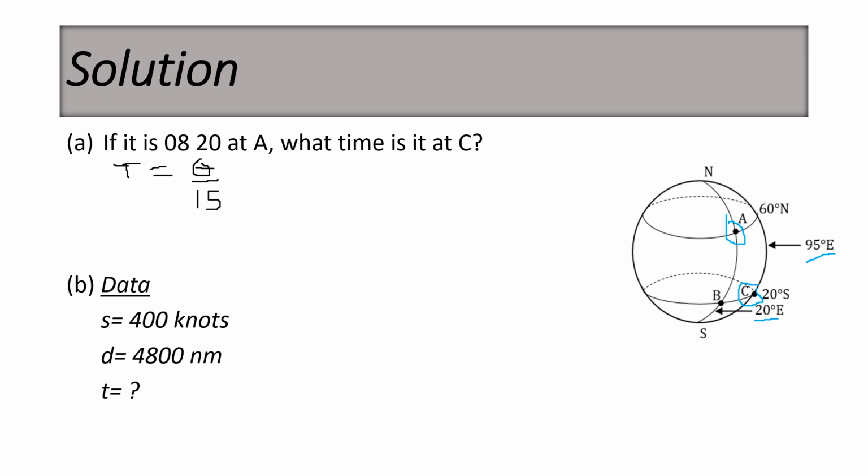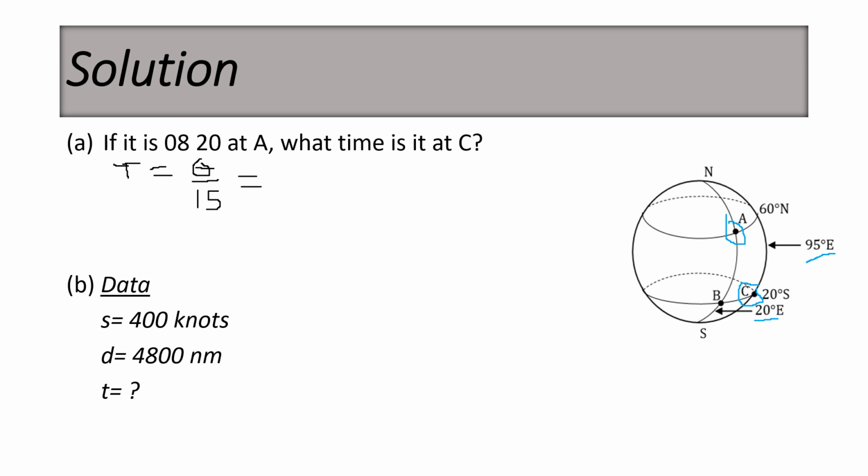Remember we said 15 represents the degrees at which the earth rotates per hour. Per hour, the earth rotates at 15 degrees.